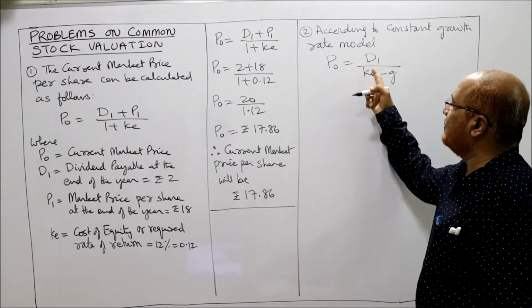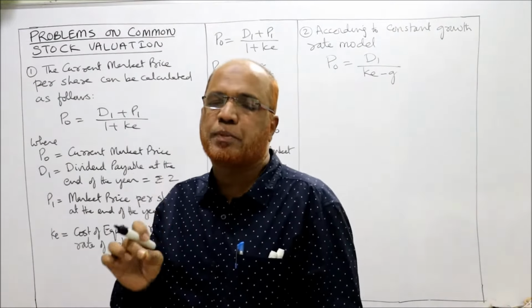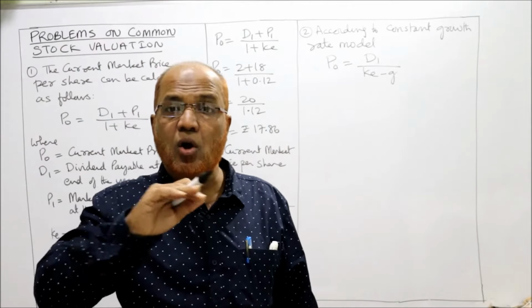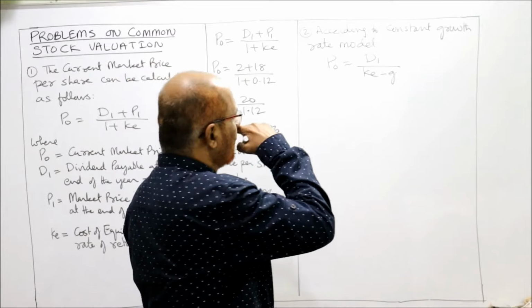P0 is equal to D1 divided by KE minus G. This is the formula to find out the current market price per share if there is a constant growth rate. Only one growth rate is expected.